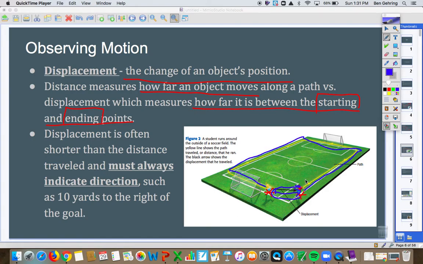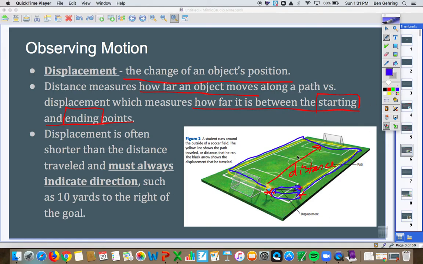So thinking, which one of those is going to be bigger? Distance or displacement? Well, in this case, it's going to be distance. You traveled much farther than you did to get to where you ended at from where you started. And the closest they will ever be is equal. For example, if this person ran a straight line from here to here, their distance would be this far.